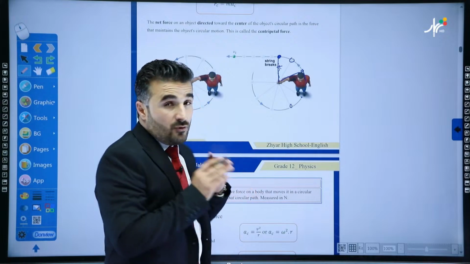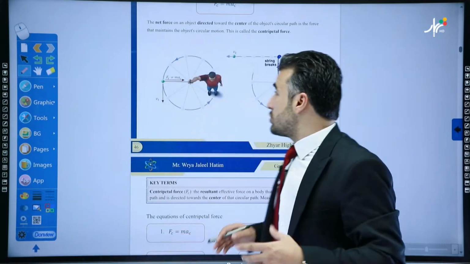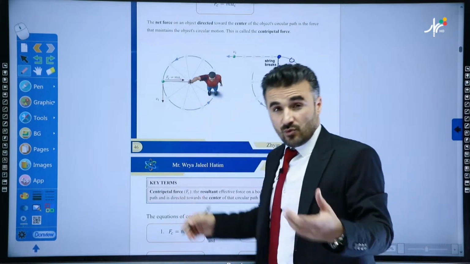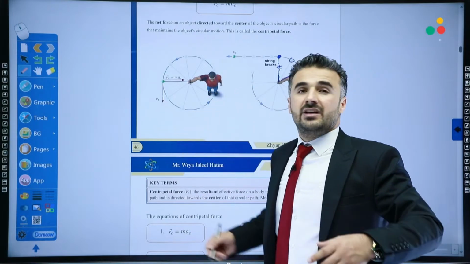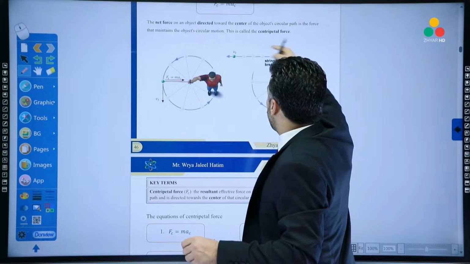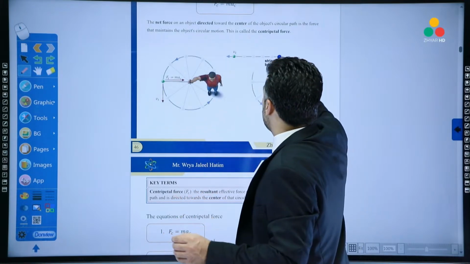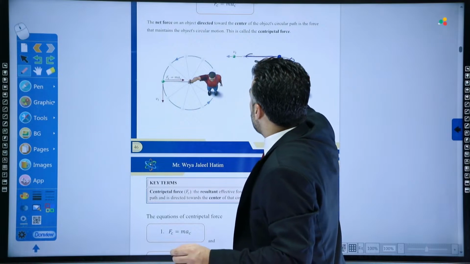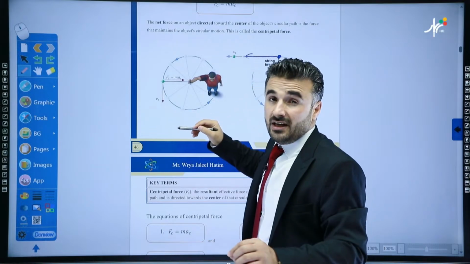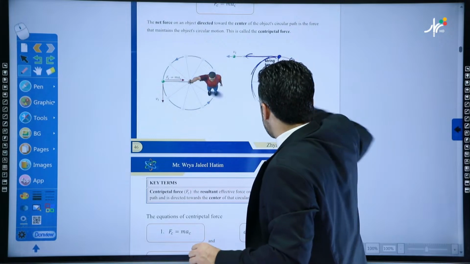Remember, if this force vanishes or doesn't exist anymore, do you think the object will keep moving in a circle? The answer is no. Why? Because we said there is a force that keeps the object moving in a circle. So if this force doesn't exist anymore, the object will start moving in a straight line, tangent to the object's circular path. Here's the circular path.